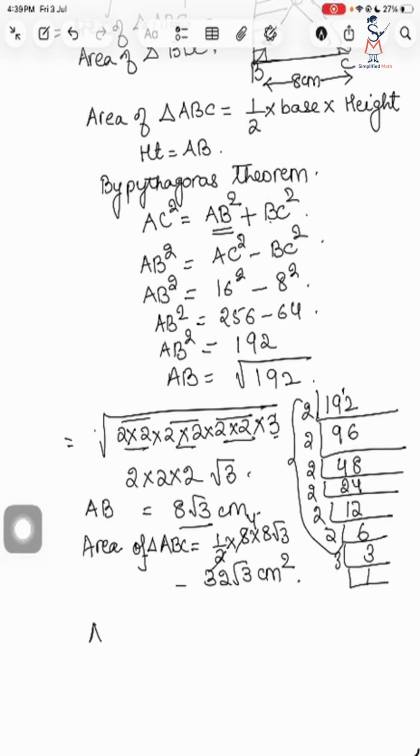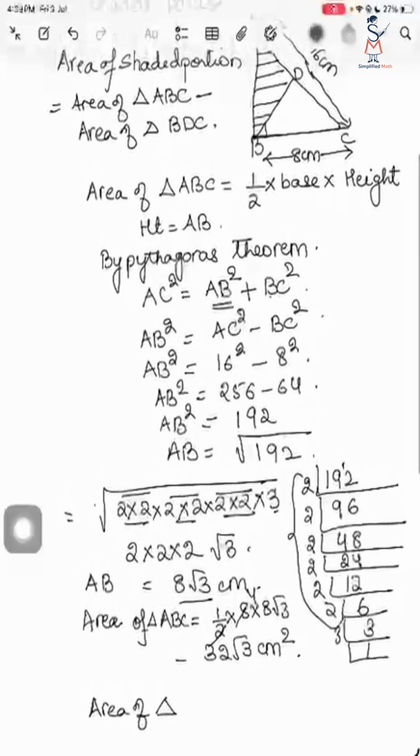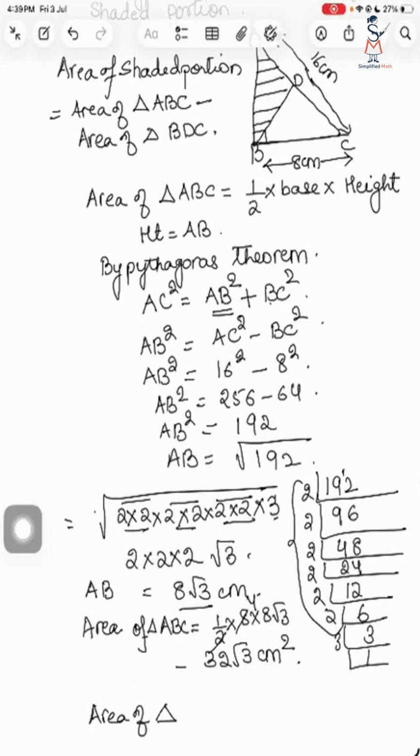Now we will find the area of triangle BDC. You can see here BDC is an equilateral triangle. What is the formula for the area of an equilateral triangle? Root 3 by 4 a square, where a is the side. All the sides are the same.